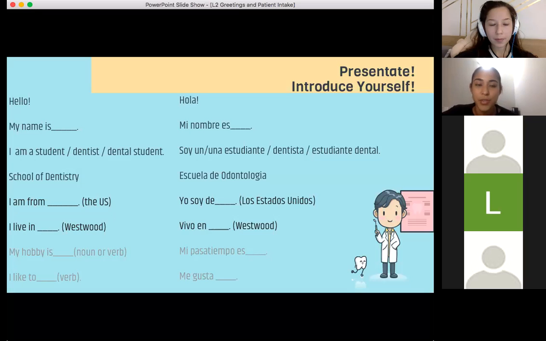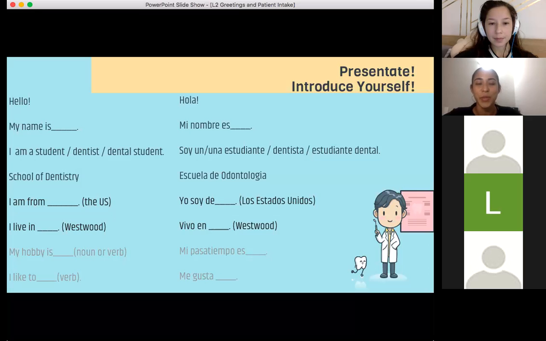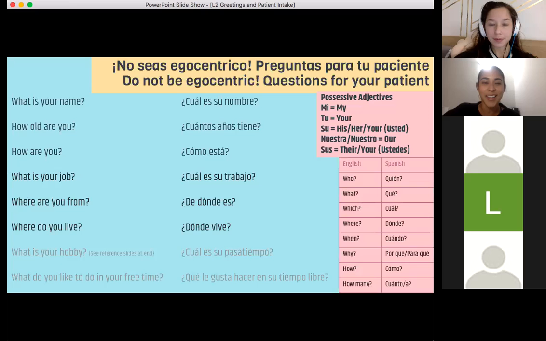School of Dentistry translates to Escuela de Odontología. I am from the US. Yo soy de los Estados Unidos. I live in Westwood. Vivo en Westwood. So these are just phrases that you can start practicing with your patients. Very simple, but always good to know. And then, yes, we can move on to the next slide.